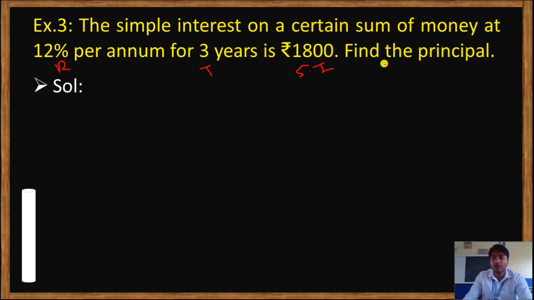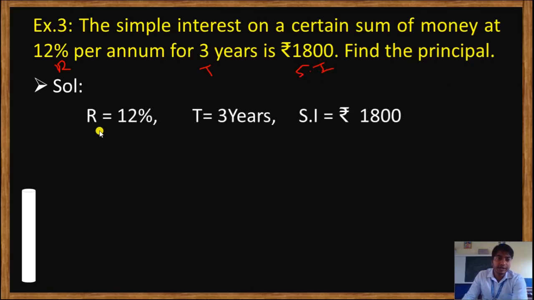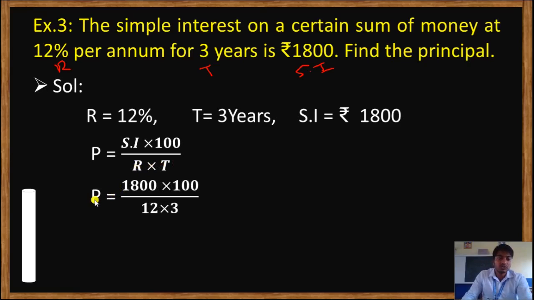Now we have to find out the principal. We have rate, time and simple interest. Now you know the formula to find principal: simple interest into 100 by rate into time. Now use the values. So P equals 1800, the simple interest, into 100 by rate 12% and time 3.